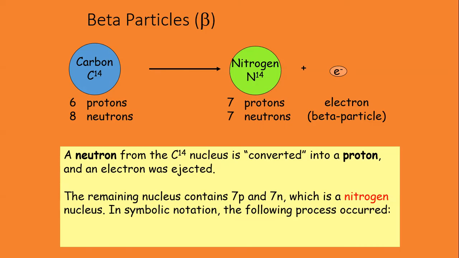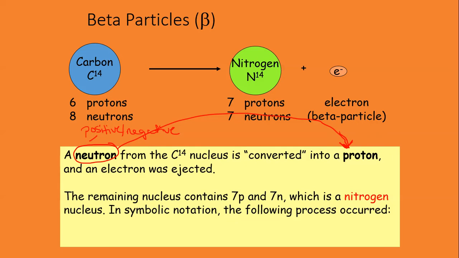Now remember, a beta particle is an electron, and that electron comes from the neutrons inside of the atom. You might be saying, what is an electron doing inside of a neutron? Well, remember that a neutron is neutral because it's made of positives and negatives in equal amounts. So what happens when an electron is emitted? Well, a neutron becomes a proton.